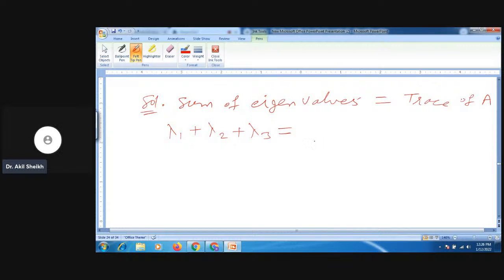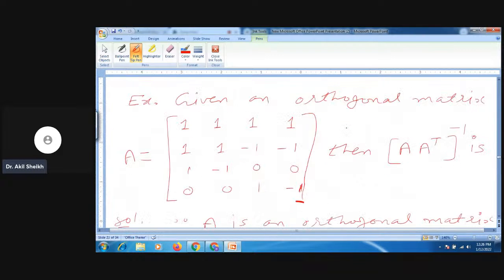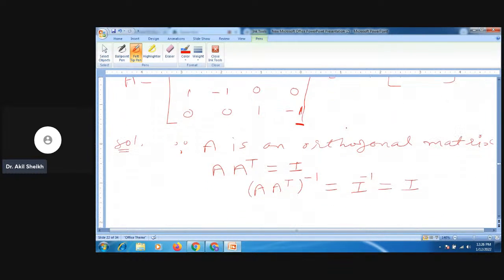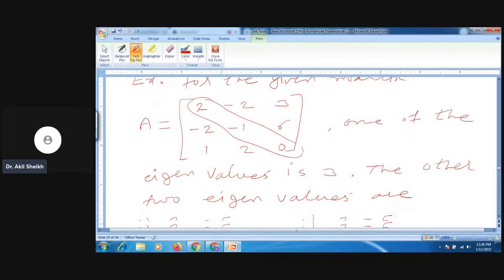So the trace of matrix A, that is the sum of diagonal elements of A, that is here 2 minus 1 plus 0. These are the principal diagonal elements, which is 2 minus 1 plus 0, equal to 1.